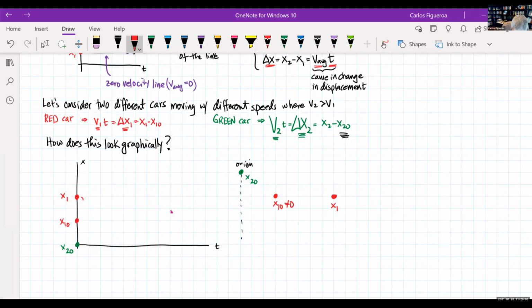When I'm looking at this displacement, I could see that it's going to be a smaller value. But I'm going to assume that the car takes a certain amount of time to get here, and I'm going to say that this is the point in time that both cars are going to travel to. They're going to travel for some amount of time. So at this point, this is literally x1.